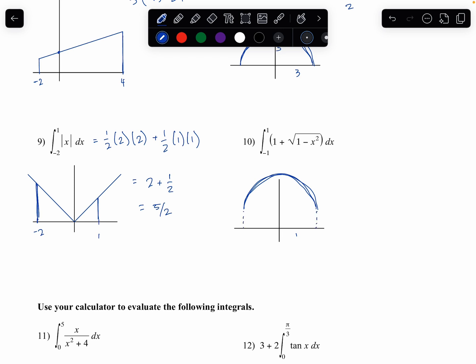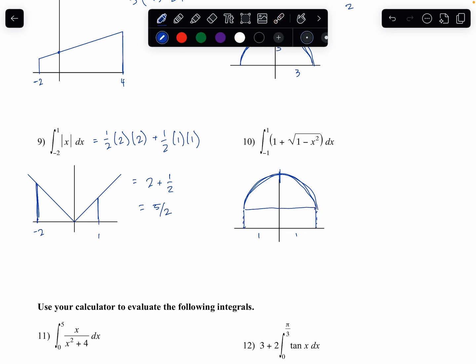So when I find the area underneath this curve right here, we also have this rectangle that we have to keep in mind. It does have a base of 1. Okay, so then I just need to find the area of a semicircle with a radius of 1, and then the rectangle with the base of 2 and a height of 1.